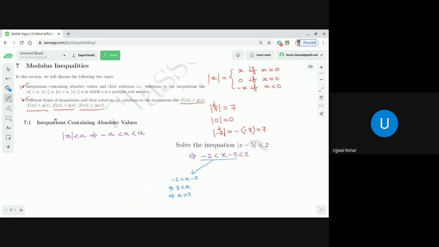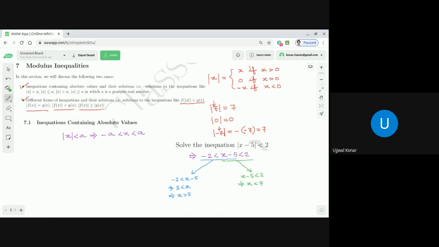This is one solution we get. Another solution, if we take this part: mod x minus 5 is less than 2, that also we need to take. So x minus 5 is less than 2 implies x is less than 7.